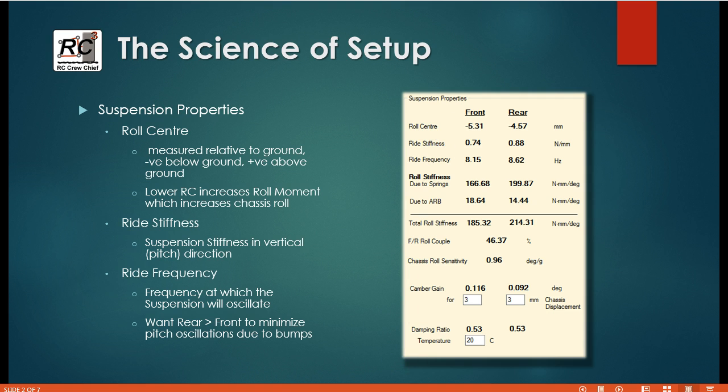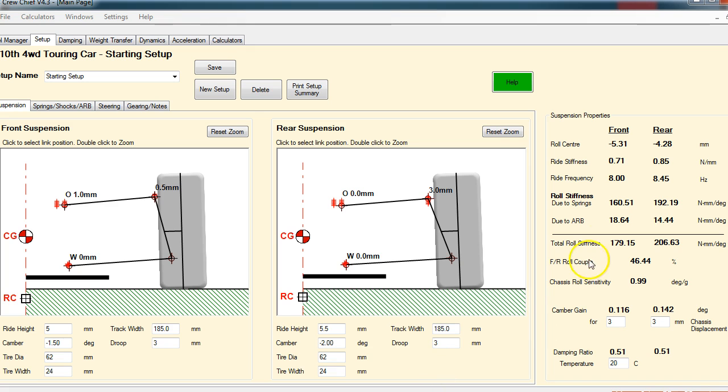So let's just have a quick look here at what affects roll center. Essentially, the main thing are the angles and positions of the suspension arms. So by raising and lowering our inner point here, if I raise it up quite a bit, the roll center has now dropped.